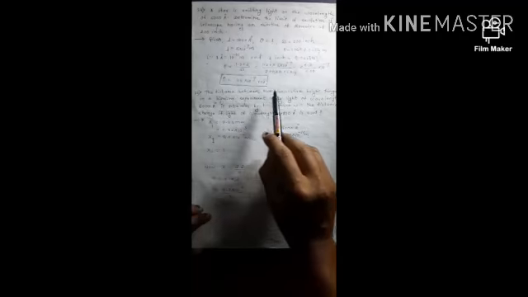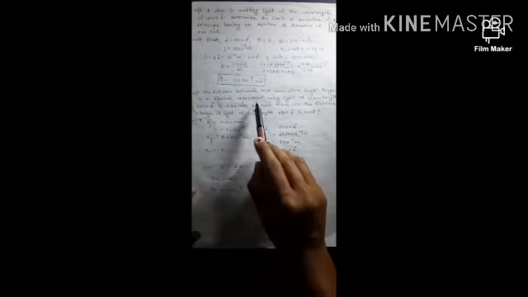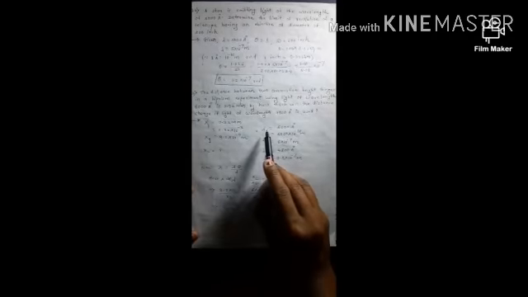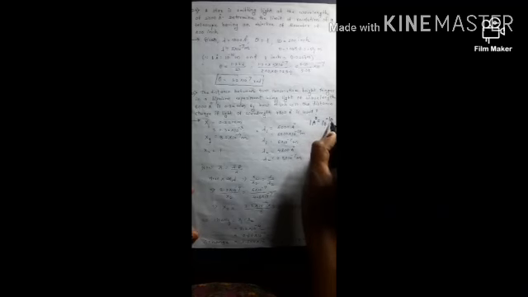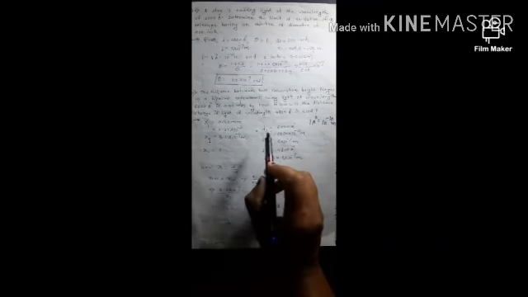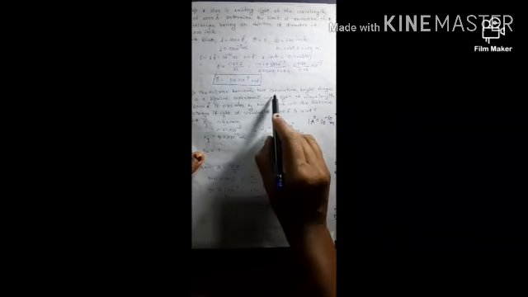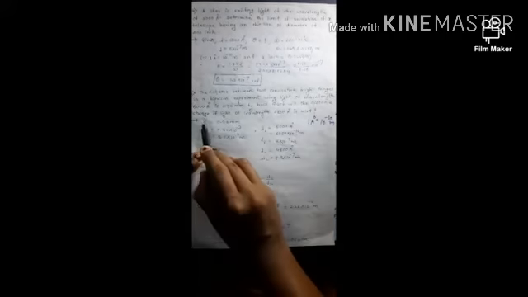The distance between two consecutive bright fringes in a biprism experiment using light of wavelength 6000 angstrom. So the wavelength is given as 6000 angstrom, and we know that 1 angstrom is equal to 10 raised to minus 10 meter. And this separation, consecutive bright fringes, is nothing but the fringe width or the band width.